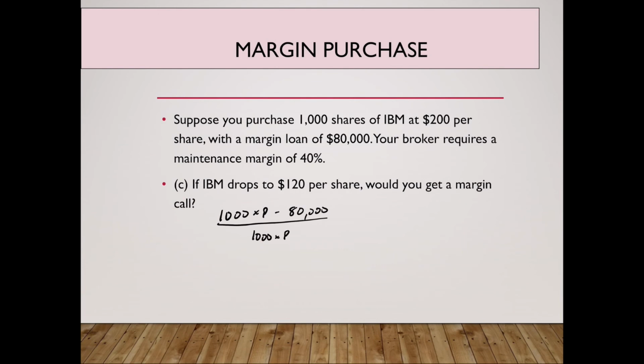So the 1,000 times price is the total value of the securities, minus the loan gives me my equity amount, and I divide it by the total value of the securities to get my margin. So what I have here now is 1,000 shares at $120 per share, minus my 80,000 loan, divided by 1,000 times 120, and I end up getting a value of 0.333.